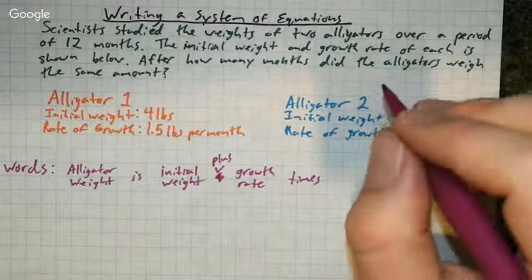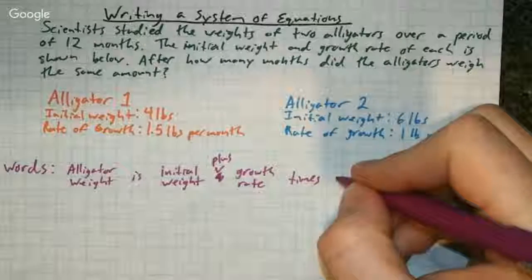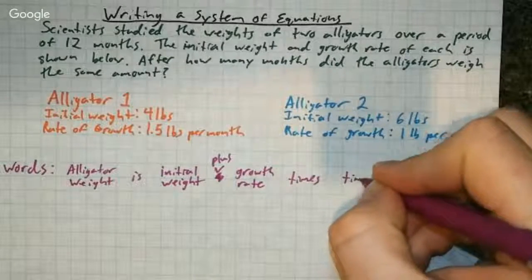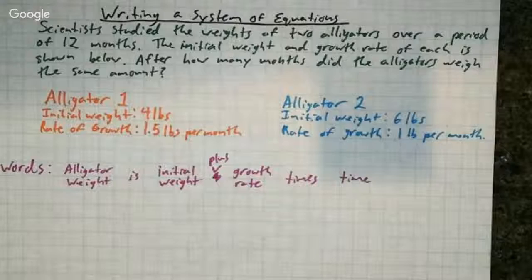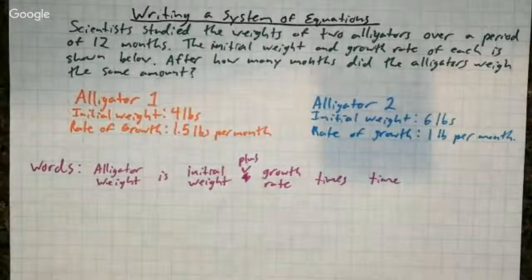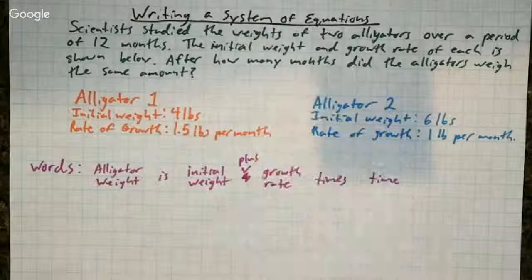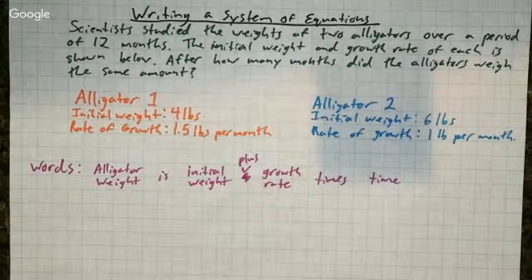The growth rate relies on the time. So in words, the alligator weight is the initial weight plus the growth rate times the time. Now, for each of our alligators, we're going to fill in what we know.